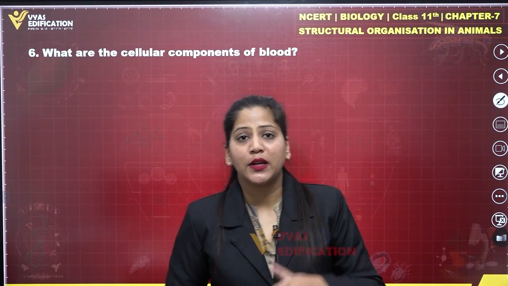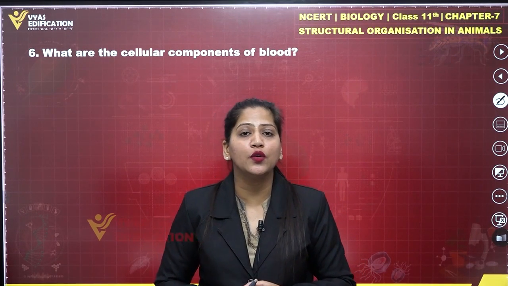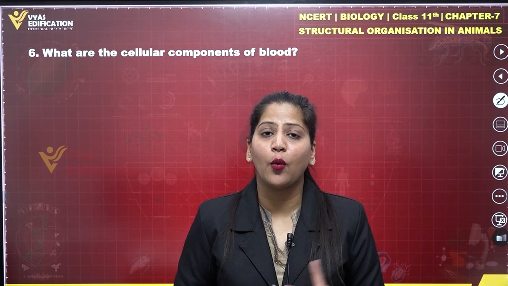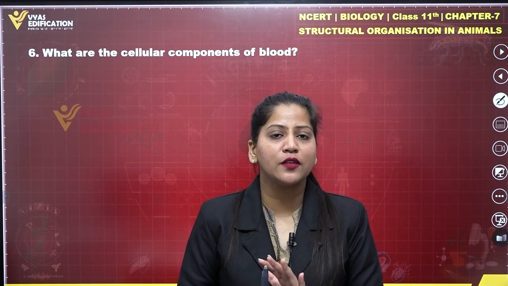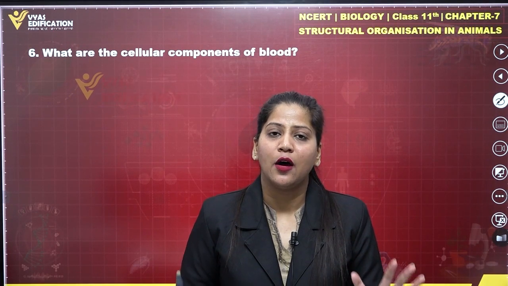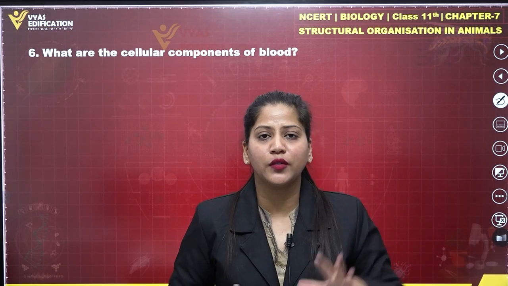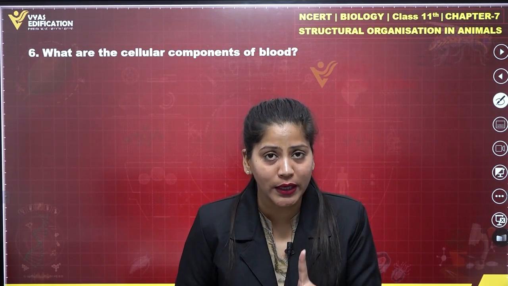Then the next cellular component of blood is the leukocyte or WBC. WBC or leukocyte means white blood cells. First of all, they are nucleated cells and they have no fixed regular shape. They are irregular shaped, but they are nucleated.